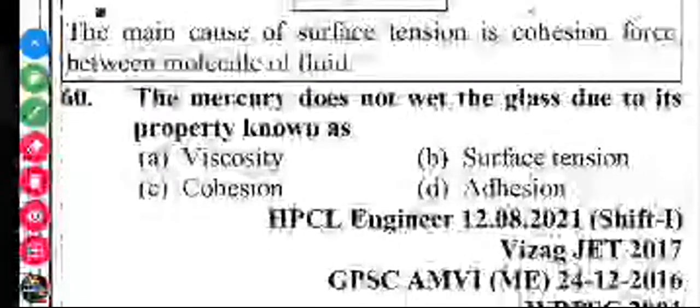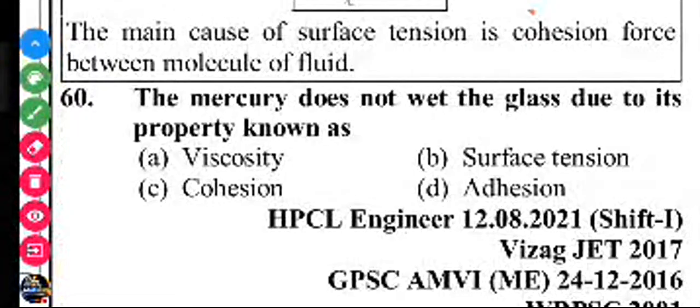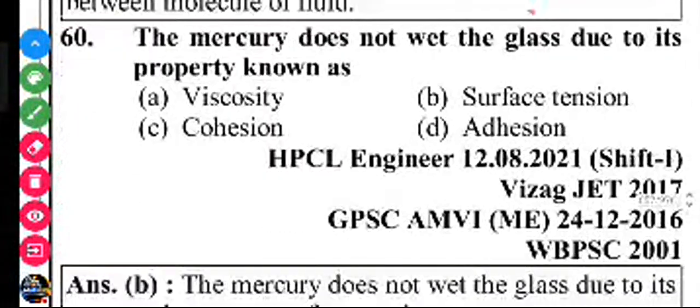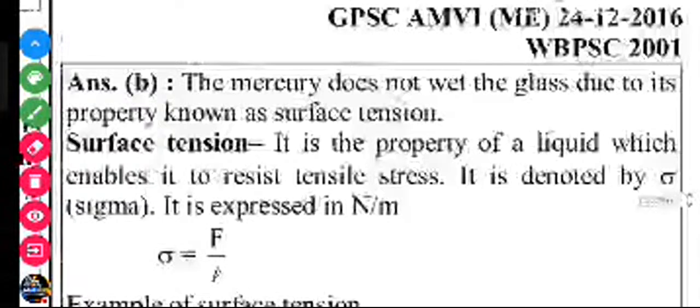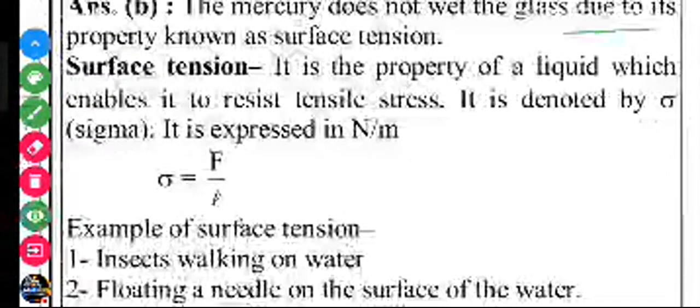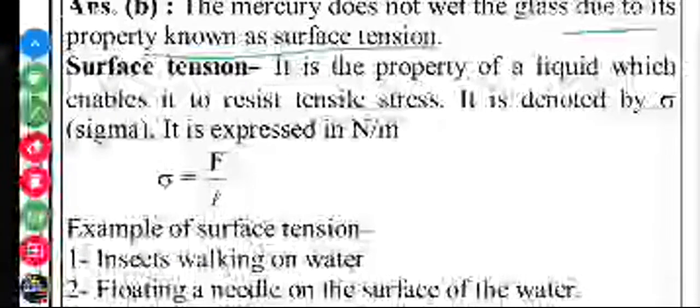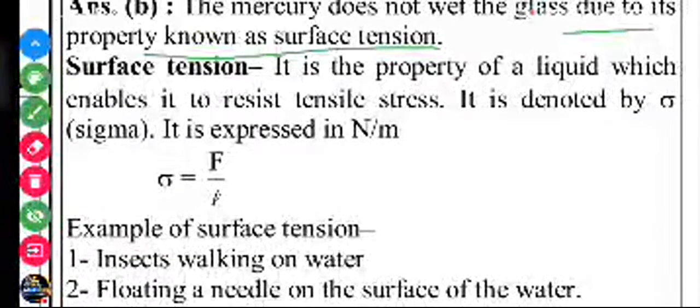Mercury does not wet the glass due to its property of surface tension, and the cause of the surface tension is cohesion. Mercury does not wet the glass due to its property known as surface tension. The surface tension is a property of liquid. Its expression.